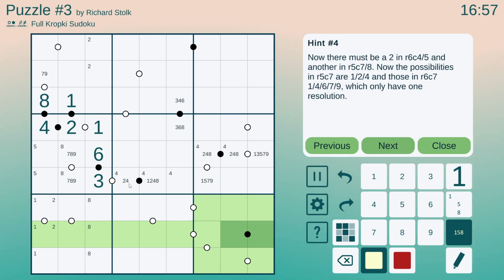Row 5, column 7. This is written out in a confusing way, I feel like. There must be a 2 in row 6, column 4 and 5. Why must there be a 2? Can't it be 4, 8 still?